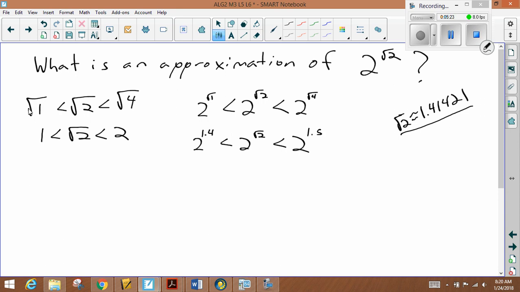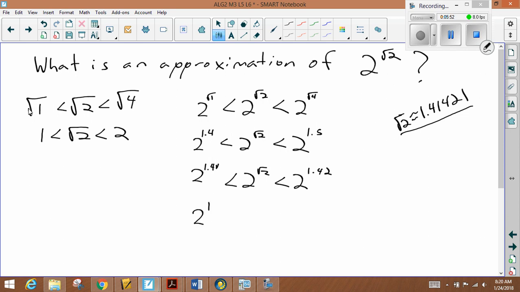So that gets us a little closer. I could get even closer by saying it's between 2 to the 1.41 and 2 to the 1.42. See what we're getting? It's in there somewhere, and we're getting closer to what it actually is. It's contained.